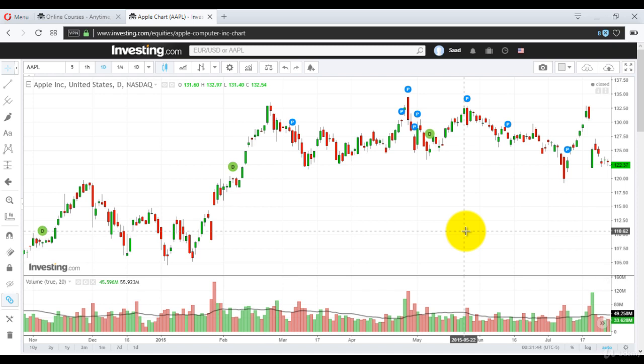Long upper shadow. Now this is an important sign because it is exactly similar to a shooting star. Now it is an extremely bearish pattern.